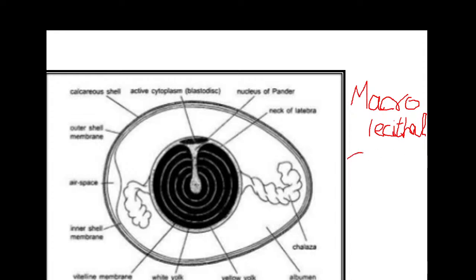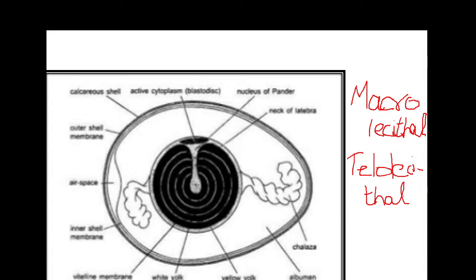Then it is a strongly telolecithal egg. What does telolecithal mean? Deposition towards the vegetal pole. Strongly telolecithal means the yolk is deposited towards the vegetal pole.